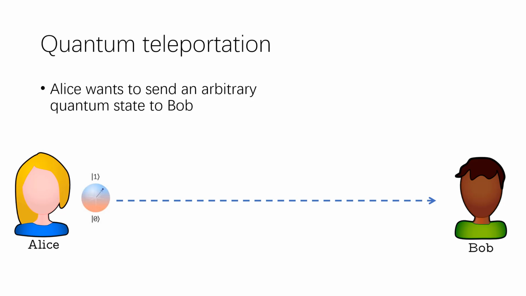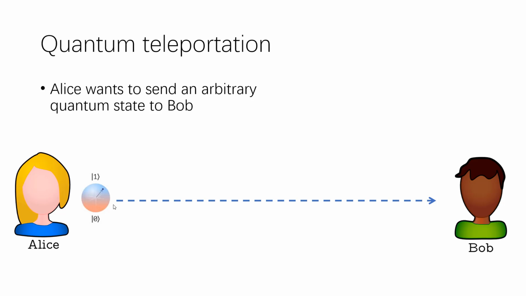If you reformulate the problem: Alice wants to send an arbitrary quantum state to Bob, and this quantum state is encoded in one qubit that Alice has in her quantum computer, and this quantum computer can be very large.